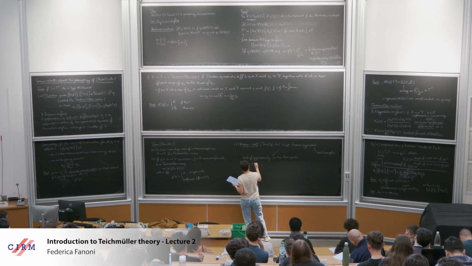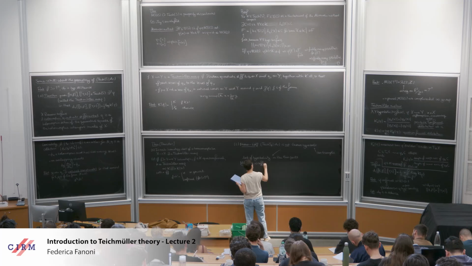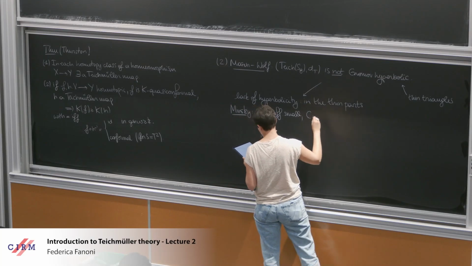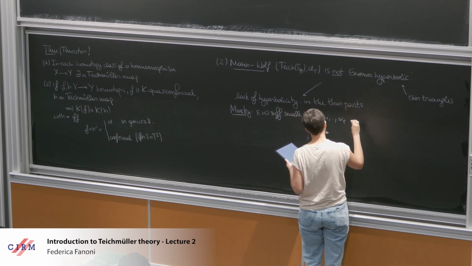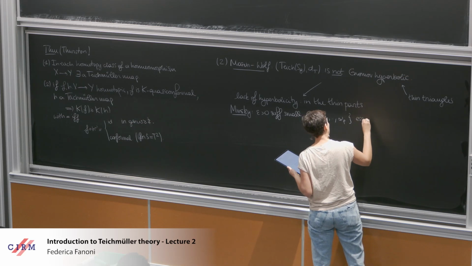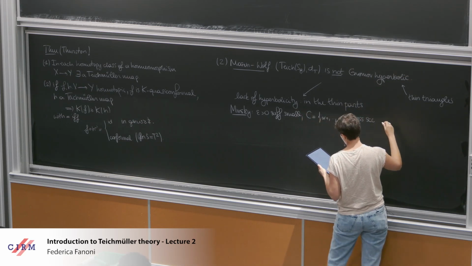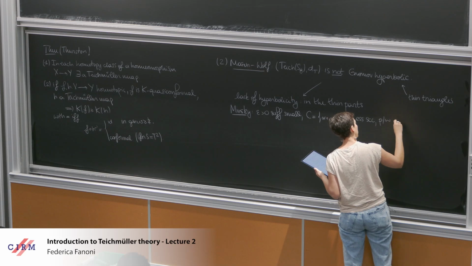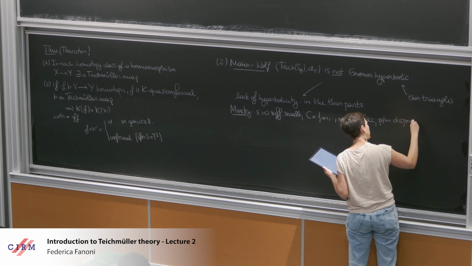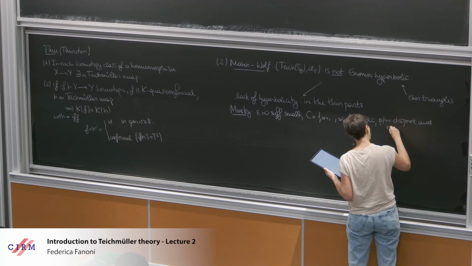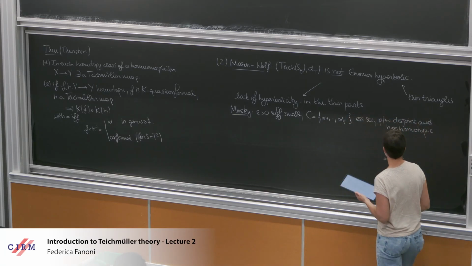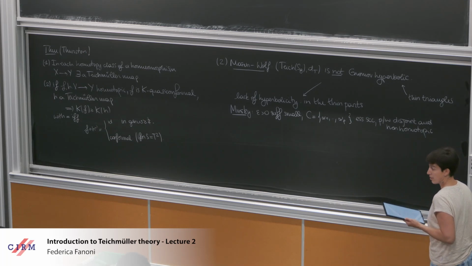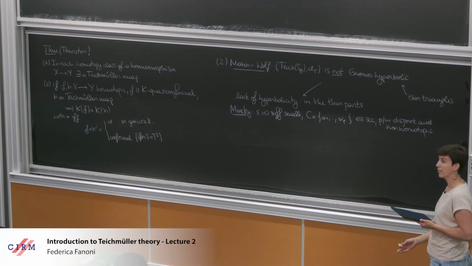So if you take epsilon sufficiently small, and I pick some collection of curves, alpha 1 through alpha p, which are essential simple closed curves, pairwise disjoint and not homotopic. So this could be a single curve, and it could go up to a Pants decomposition.